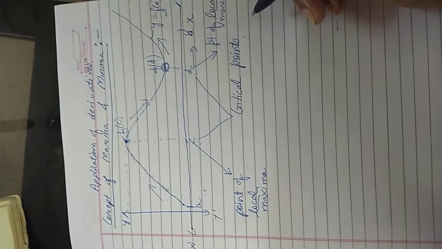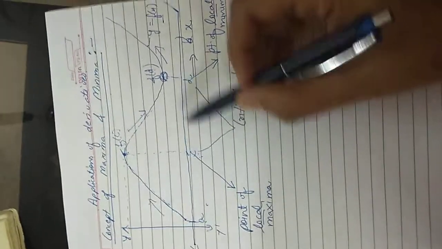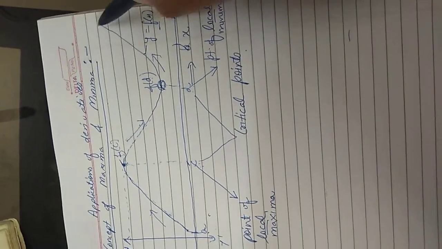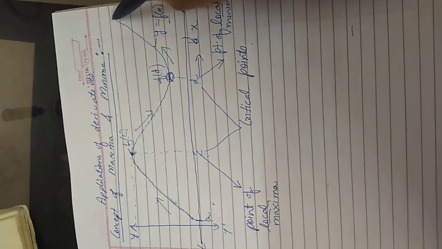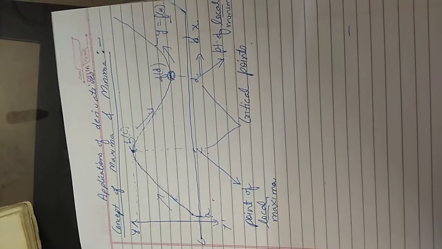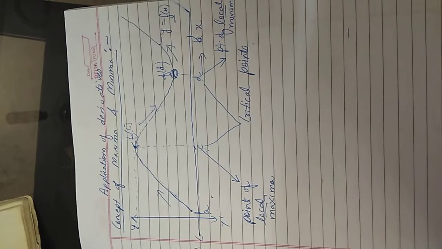I am using the word local here. Why is the word local there? Because our interval is an open interval. As I keep on changing the interval, for example, here my curve has reached till this only, but if it is a never ending curve, as I put different values of x, I will get correspondingly different values of y.